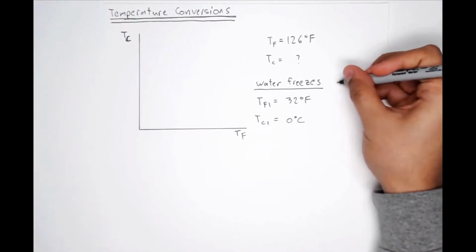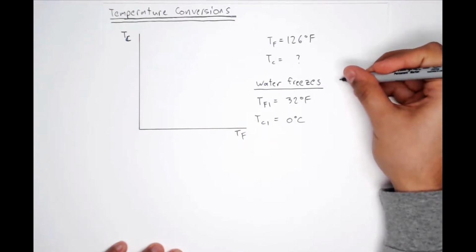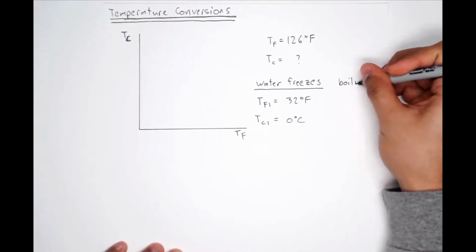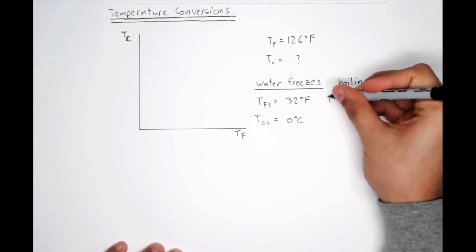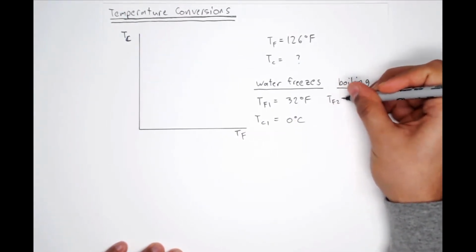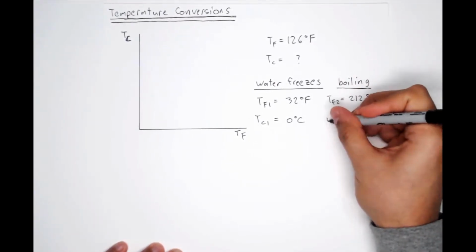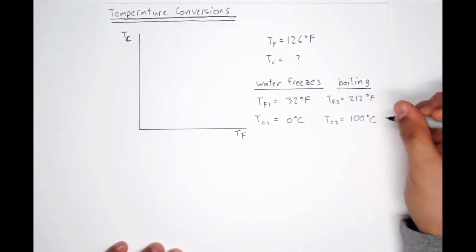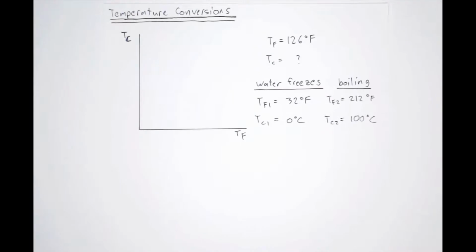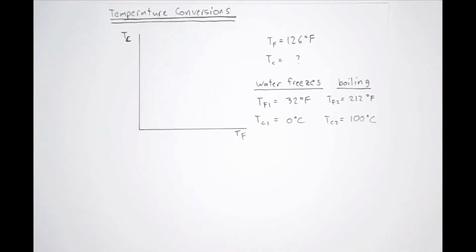We can also look at the same for boiling. Here we're going to have temperature in Fahrenheit be 212 degrees, and temperature in Celsius will be 100 degrees. So our goal is now to put these two data points, 32 and 0, 212 and 100, onto the graph, and then we will try to find the equation of that line.